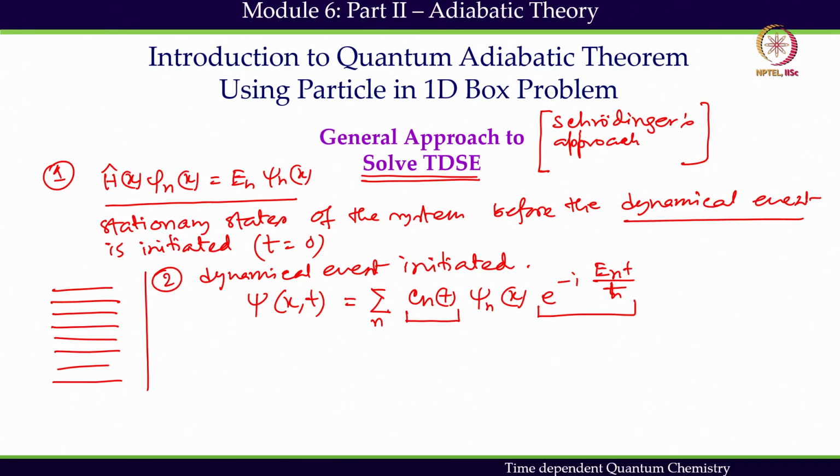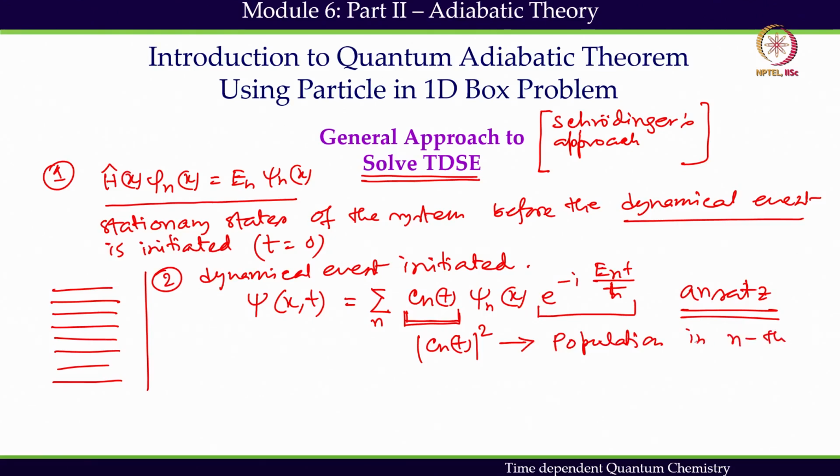That's the way we get the non-stationary state, and this is called the ansatz or trial wave function. This is the wave function representing the non-stationary state. But Cn is unknown, and we know that the square of the absolute value of Cn will give me the population in the nth state.